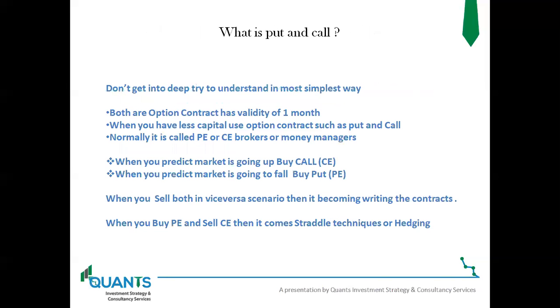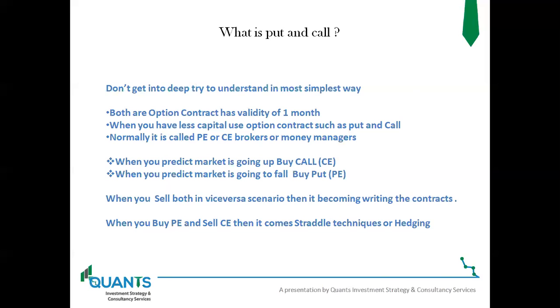Now, what is put and call? Normally beginners get confused with put and call, so let me give the simplest way of understanding. There are 3 important points you have to understand. Both are option contracts with a validity of 1 month. If you have less capital, use option contracts such as put and call. For example, buying one lot of Nifty in futures costs about 65,000 rupees.